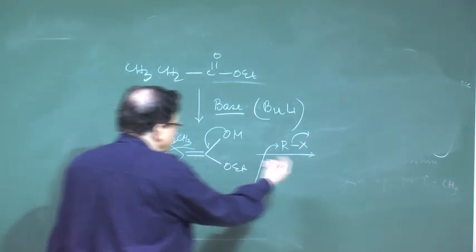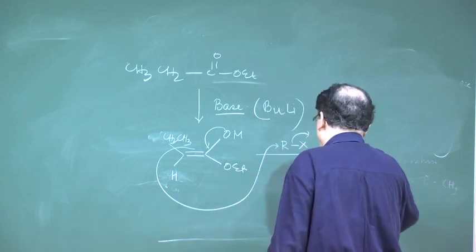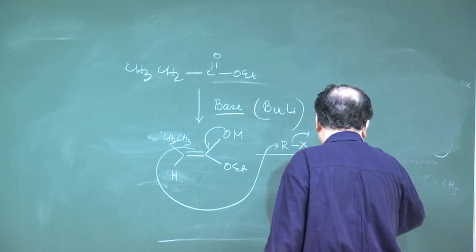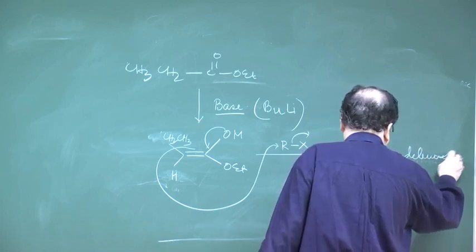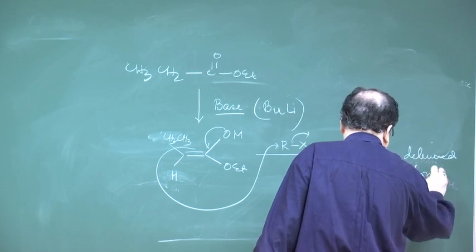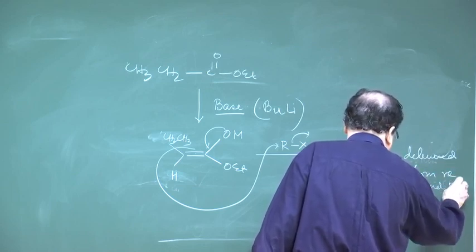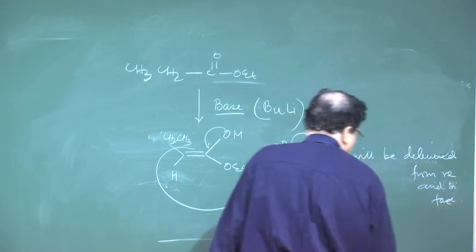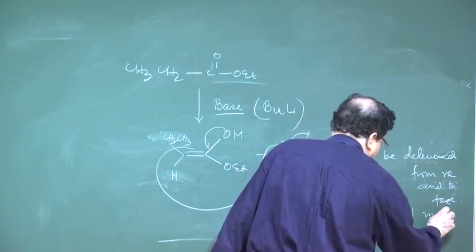So, ultimately you will get both products. R will be delivered from both the Re and Si faces in a 50-50 manner, in a 1:1 manner. So, you get a racemic compound.